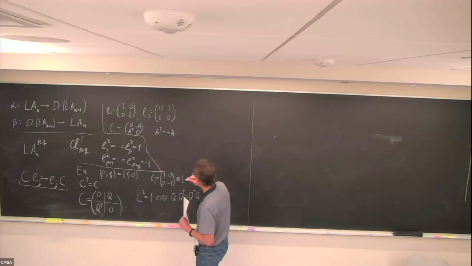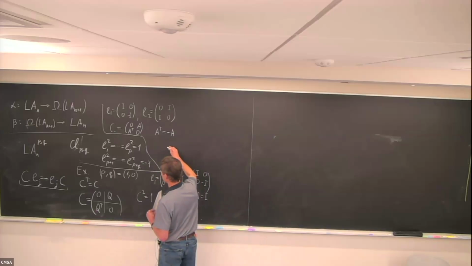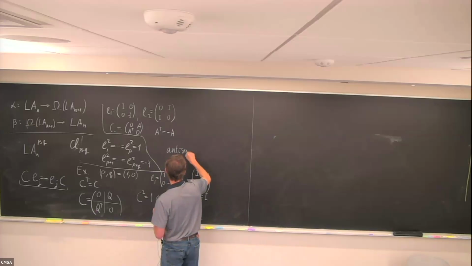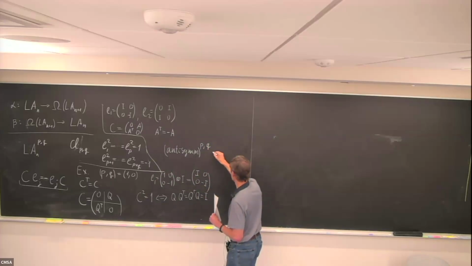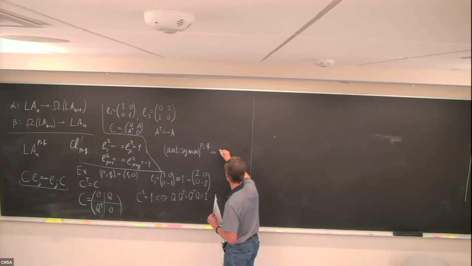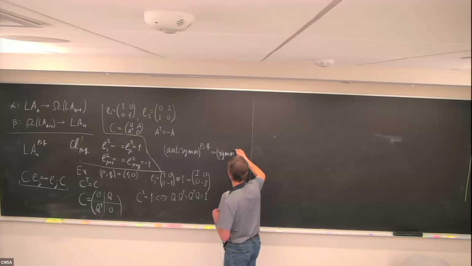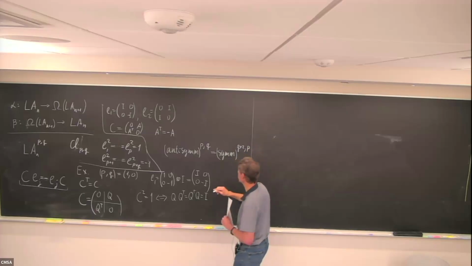And in general, there is a formula: anti-symmetric matrices with P positive and Q negative generators are the same as, or the spaces map isomorphically to, symmetric matrices with Q plus 2 positive and P negative generators.